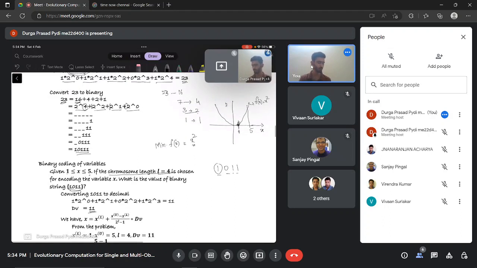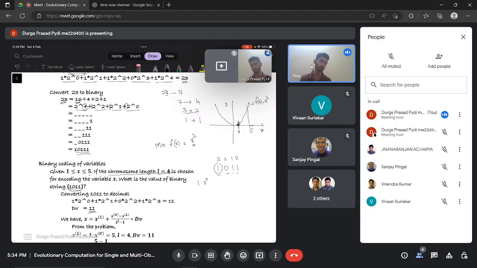What you essentially do is scale that particular variable between the lower limit and upper limit. So it is 11. If you consider 1011, you essentially have 4 bits. The maximum value this binary string can take is when all are ones.